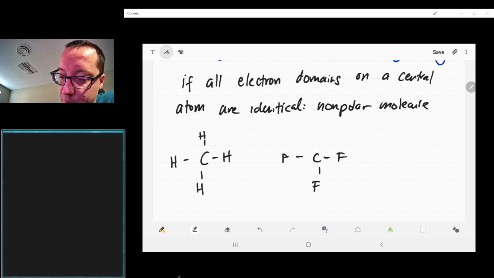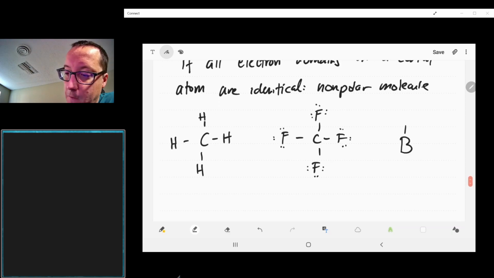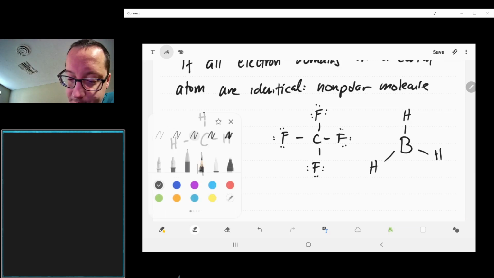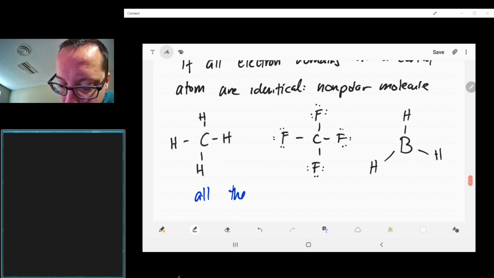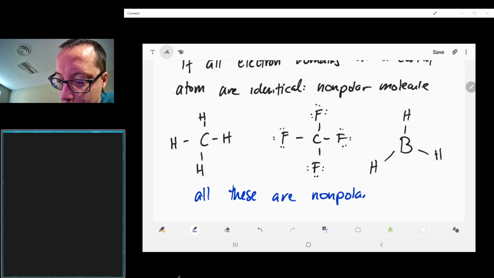The carbon tetrafluoride that we talked about earlier is also a nonpolar molecule. These are all nonpolar molecules.